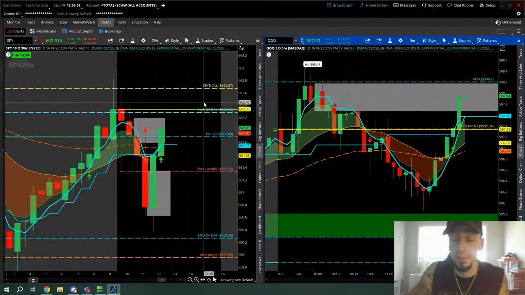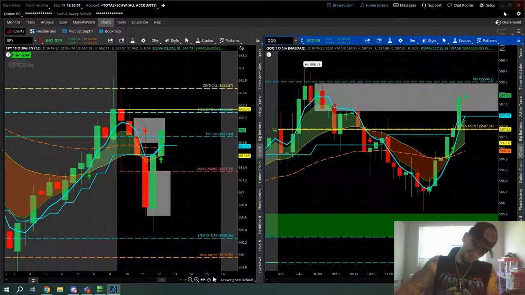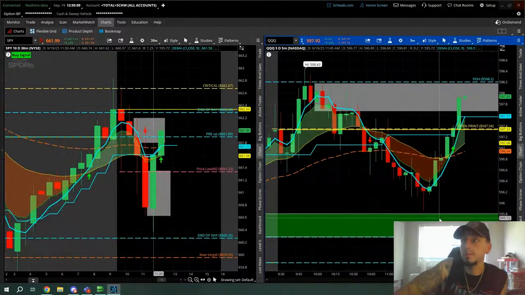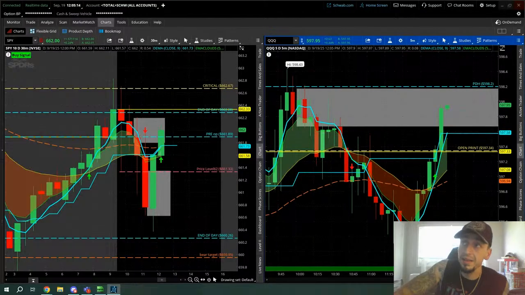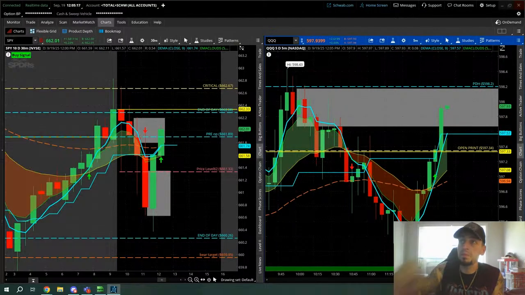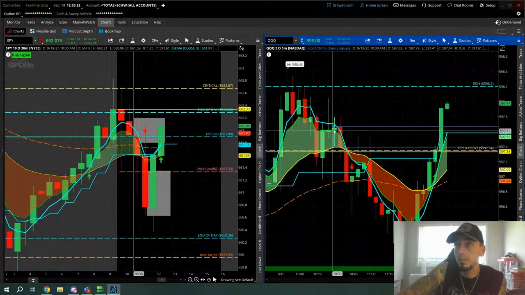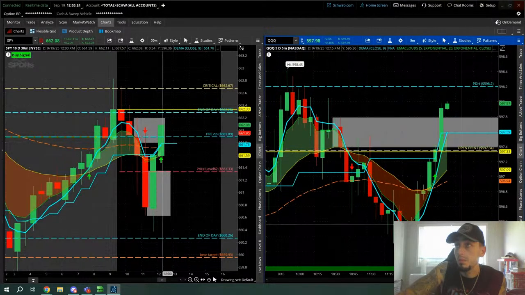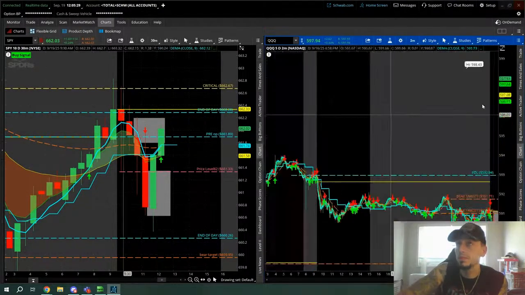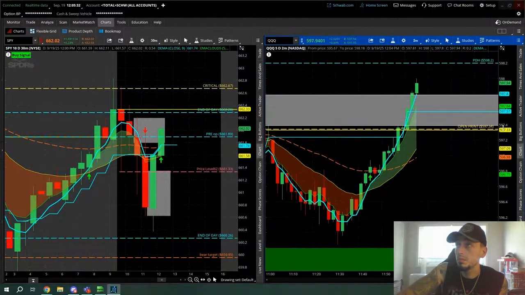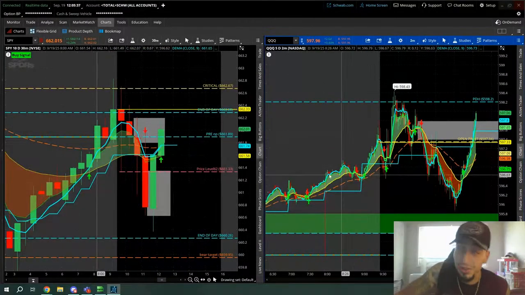We just got back above that 1 hour though, guys. So this is important. Okay, looking for a pullback. This level is key. Shorts are getting squeezed.